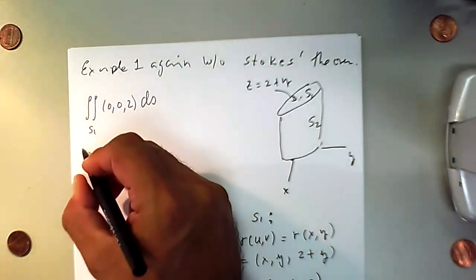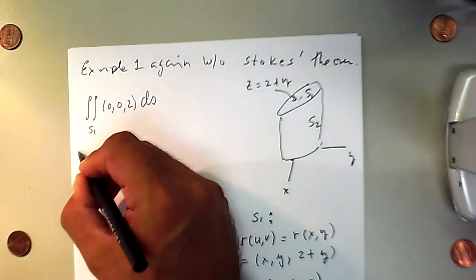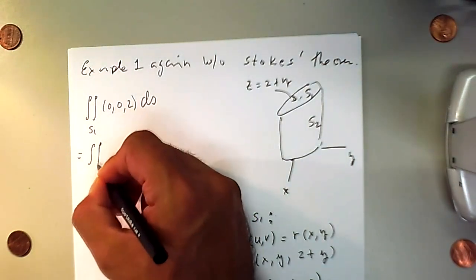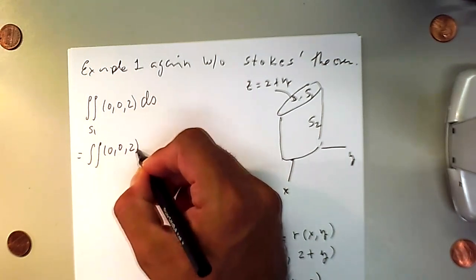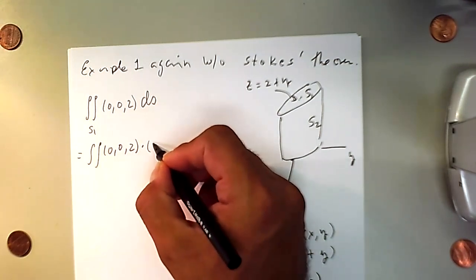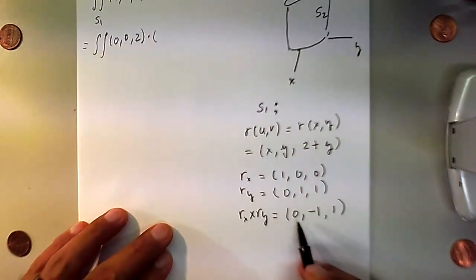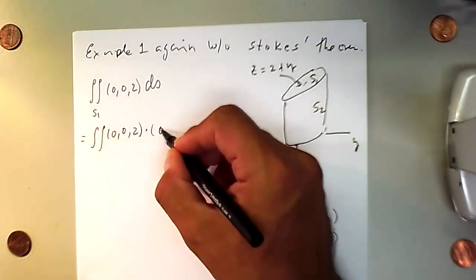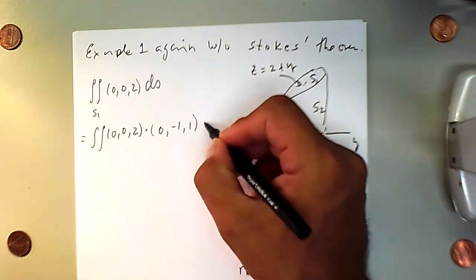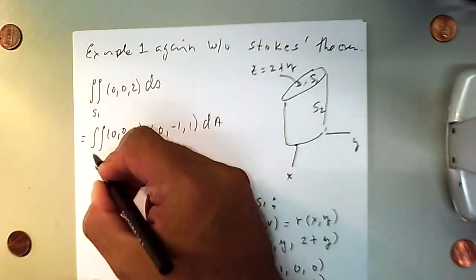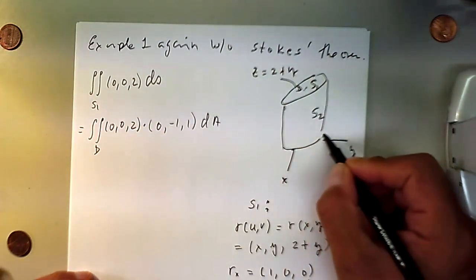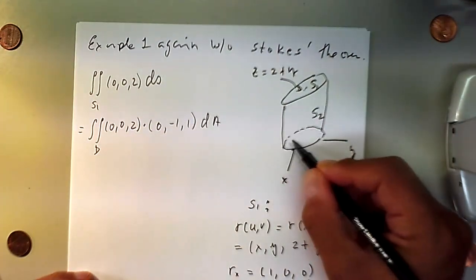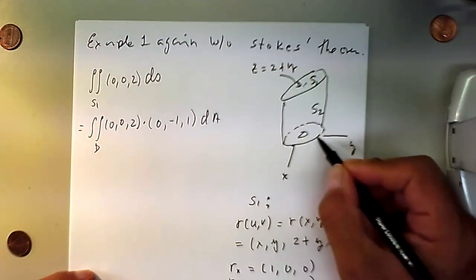So this double integral will be equal to the double integral of 0, 0, 2 dotted with 0, negative 1, 1, with respect to the area over D, and D would be the circle down here on the floor.